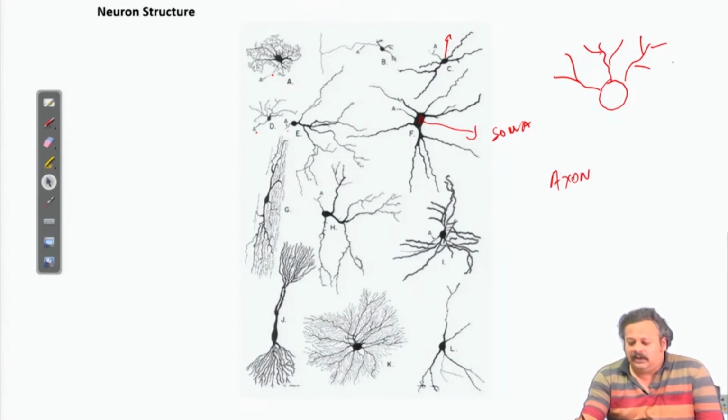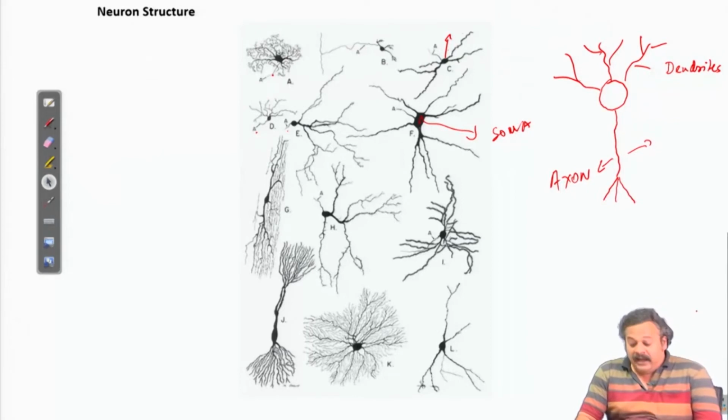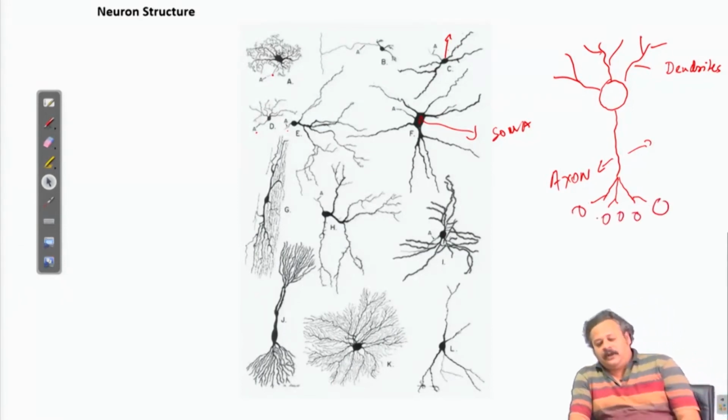These are called the dendrites, and there is a particular structure that goes out from the neuron, called the axon. This axon can make connections with multiple neurons, not just one. It can branch off into many groups and make connections with many different neurons' dendrites, and that connection point is what we will call synapses.